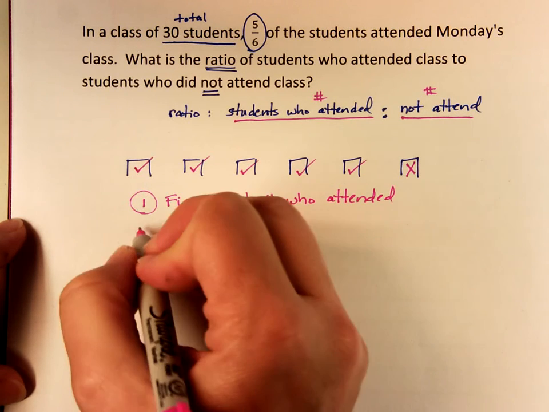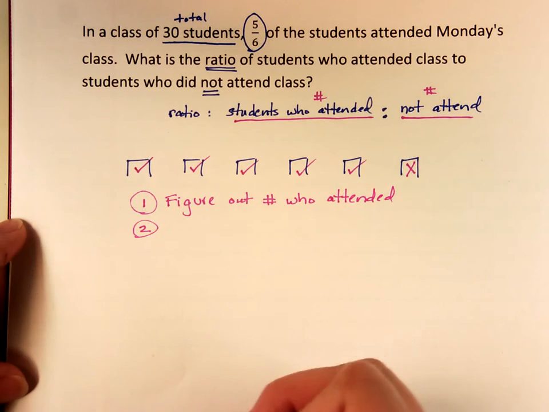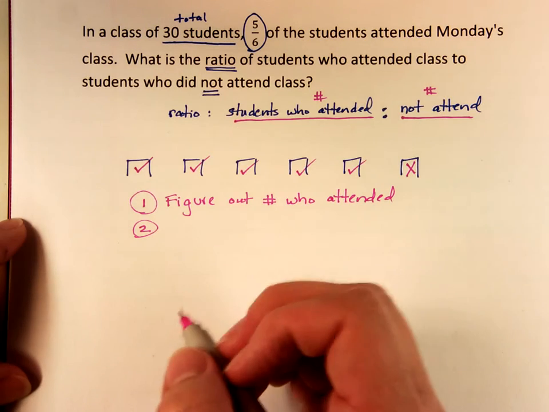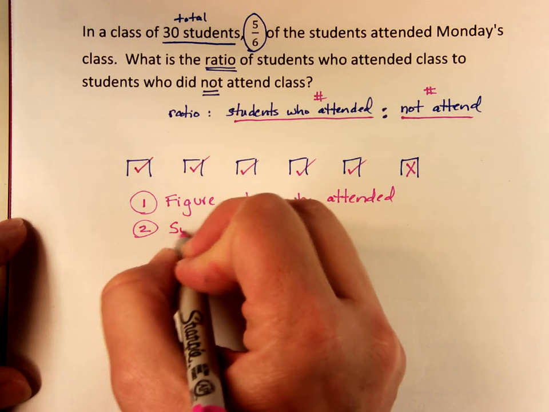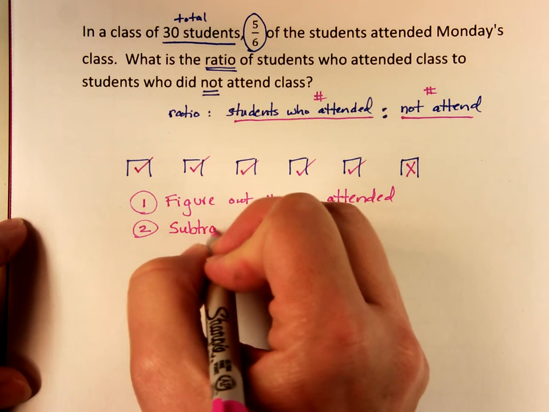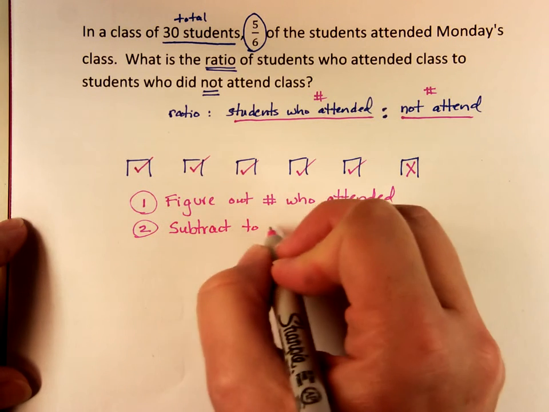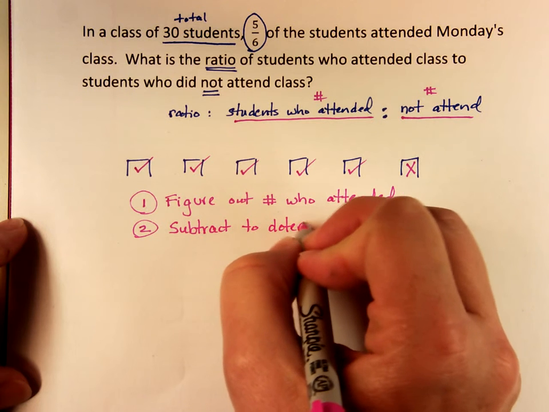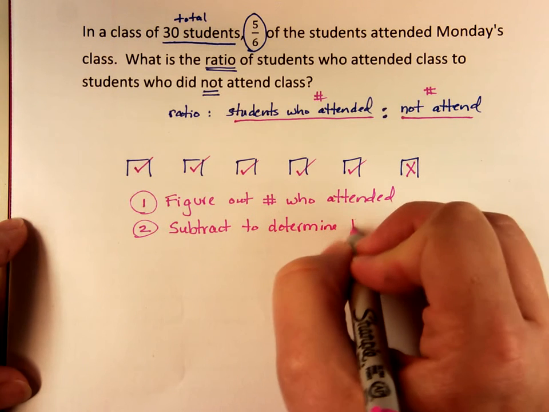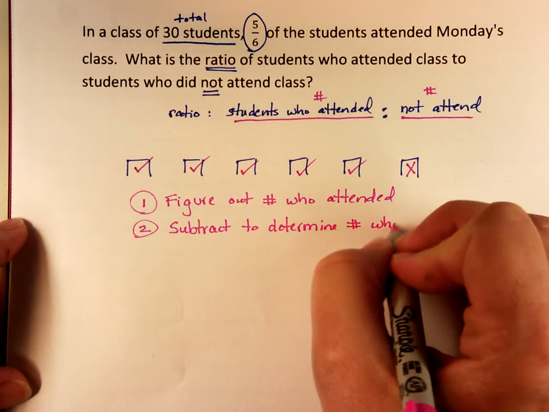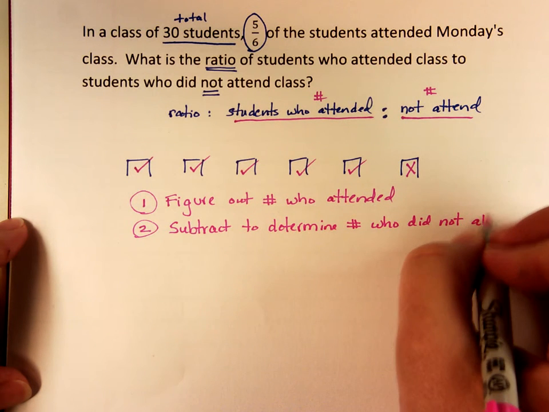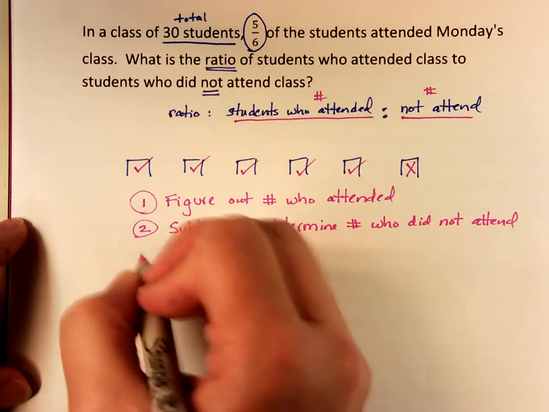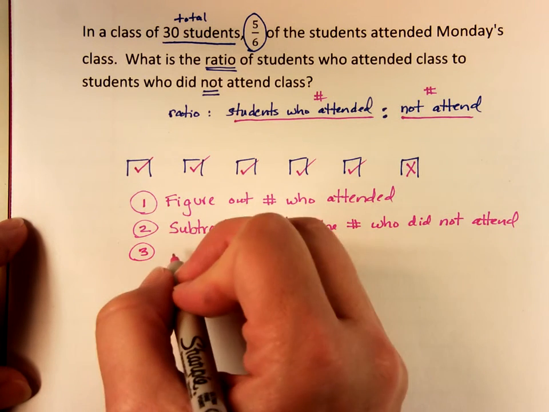And once I have that number, I'm going to be able to subtract from the total to get the students who did not attend. Subtract to determine number who did not attend. And then step 3 is just going to be to put it in a ratio.